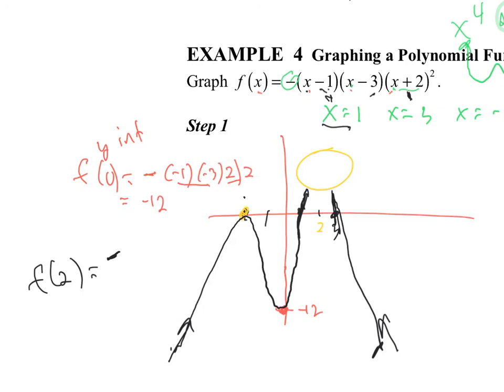You have a 2 minus 1, that's a 1. You have a 2 minus 3, that's a negative 1. You have a 2 plus 2, that's a 4. And there's 2 4s, so 4 squared is 16. That gives me a negative, negative, and then a positive. So that gives me a positive 16.